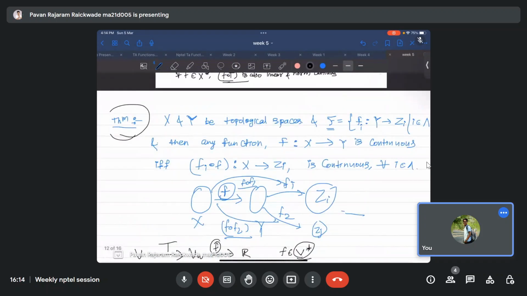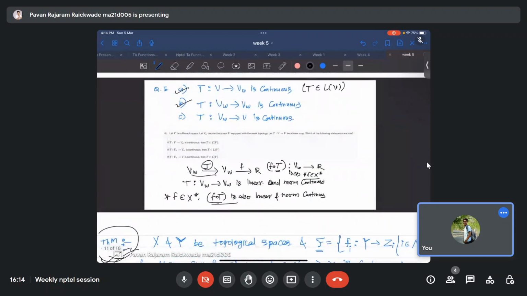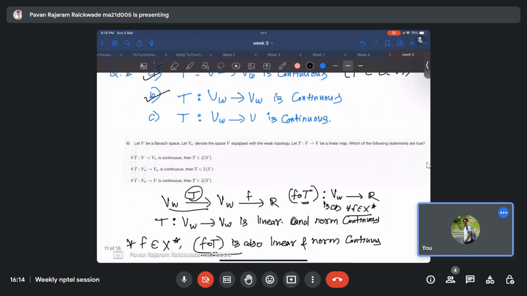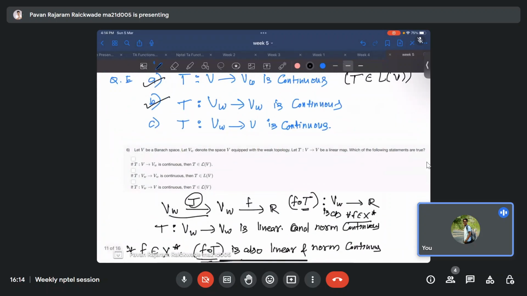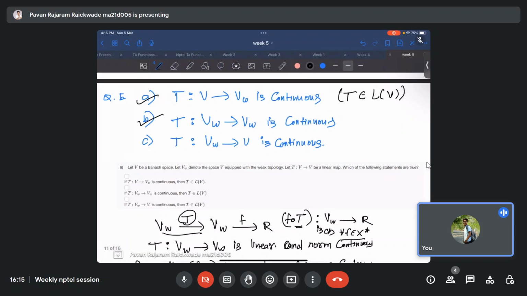Okay, this one. So yeah, the C option, VW to V. This need not be true because with V we have the norm topology, which is larger than the weak topology.